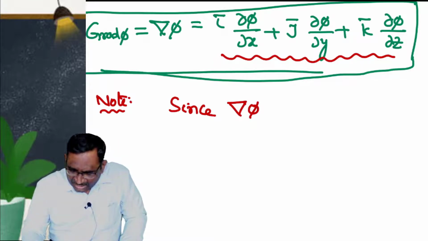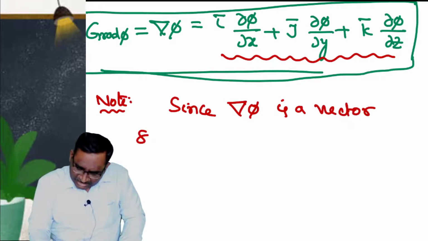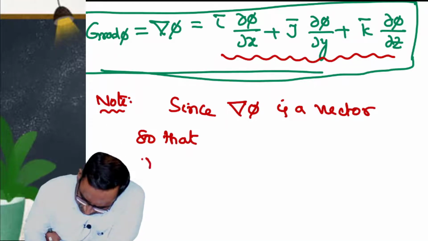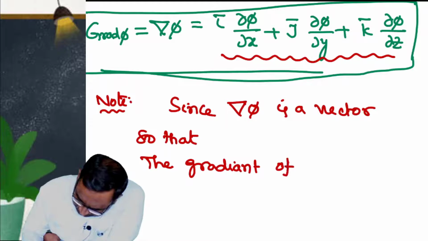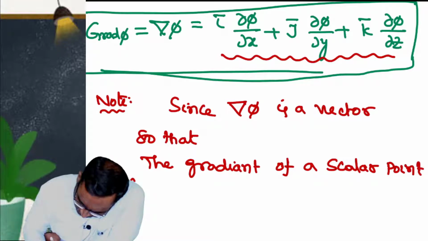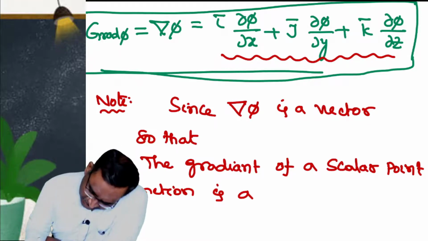So del phi is a vector, so that the gradient of a scalar point function is a vector point function.